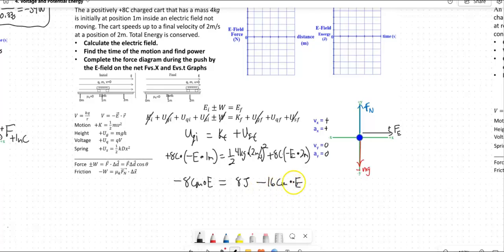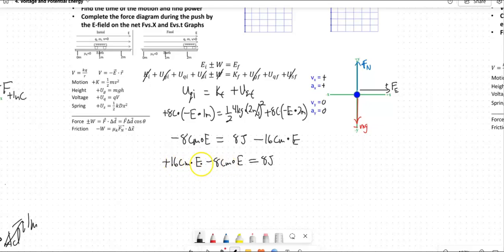All right, let's add the electric field on the final energy onto the other side. So the final energy is going to be now positive 16 coulomb meters times electric field, minus 8 coulomb meters times the electric field, and that's going to be equal to 8 joules.